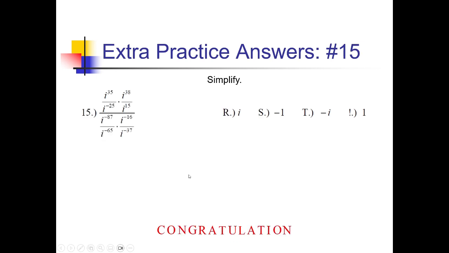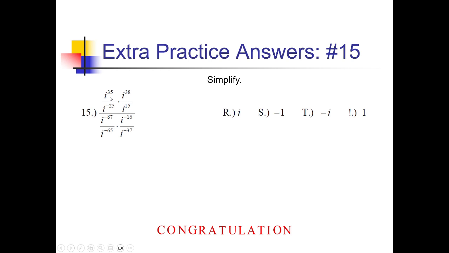So we come at last to the final boss battle problem, number 15. Let's see what we can do with this one. We have a whole bunch of fractions inside a big fraction. So I'm going to deal with all these mini fractions first by subtracting their exponents, and then we'll deal with whatever's left over. So we have 35 plus 25 for this upper left fraction.